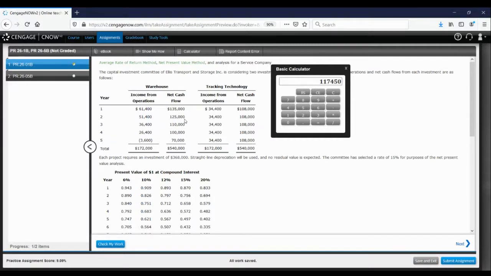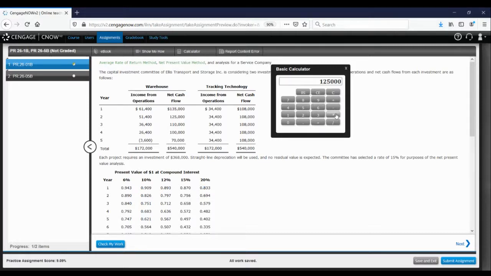The second year, we're expecting a net cash flow of $125,000. So I'm going to take $125,000, my net cash flow, and I'm going to multiply that by 0.756. We would go down to year 2 because this is the second year's cash flow. We go across the table to 15%, and we would pick up 0.756.